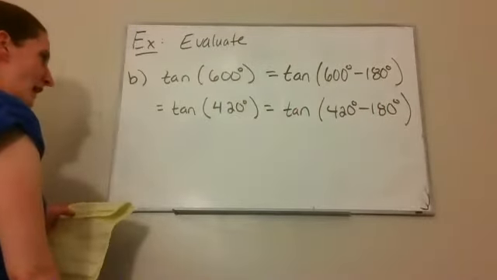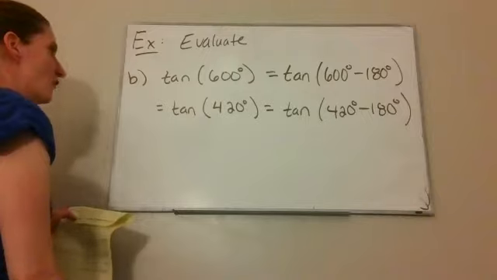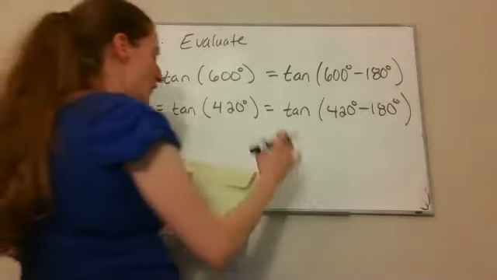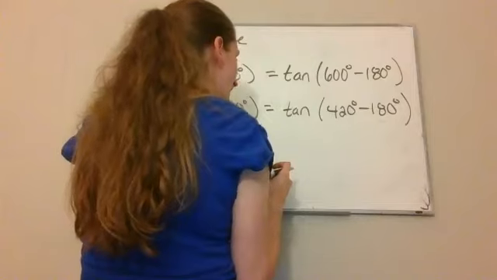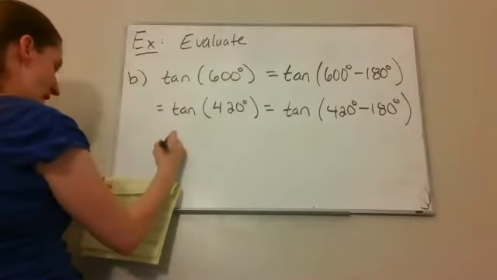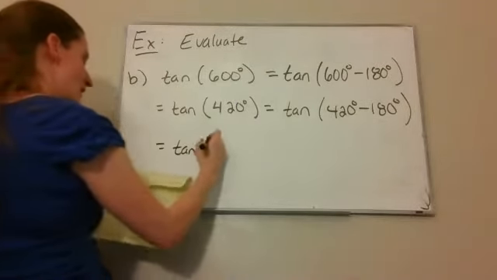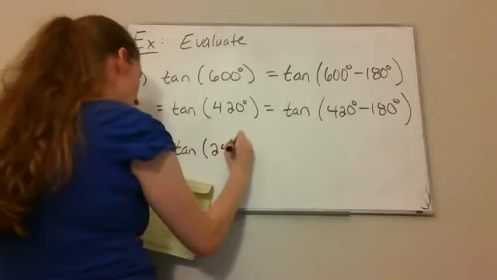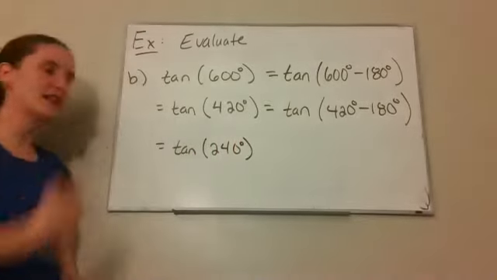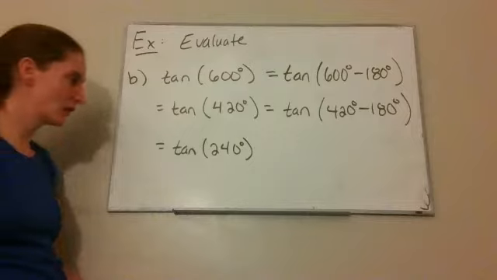So doing that again, I'm going to have tangent of 420 degrees minus 180 degrees, and that ends up getting me tangent of 240 degrees. Now that is something that I can find on my unit circle.